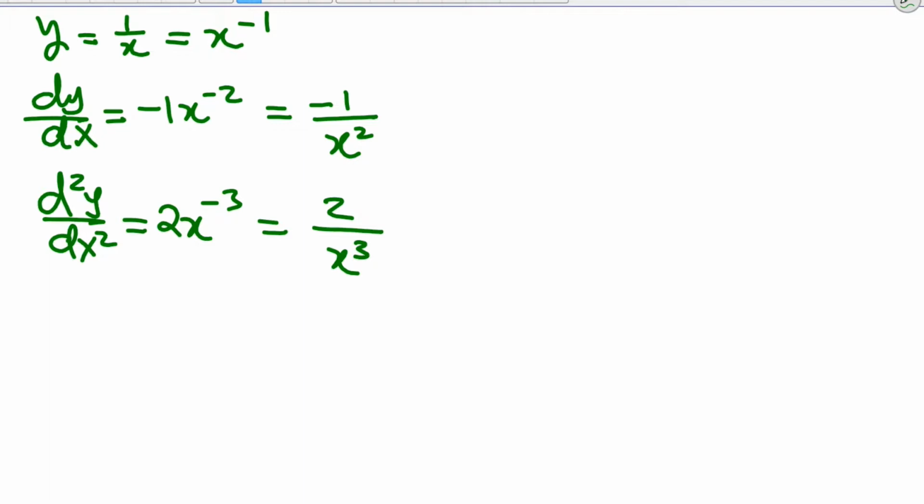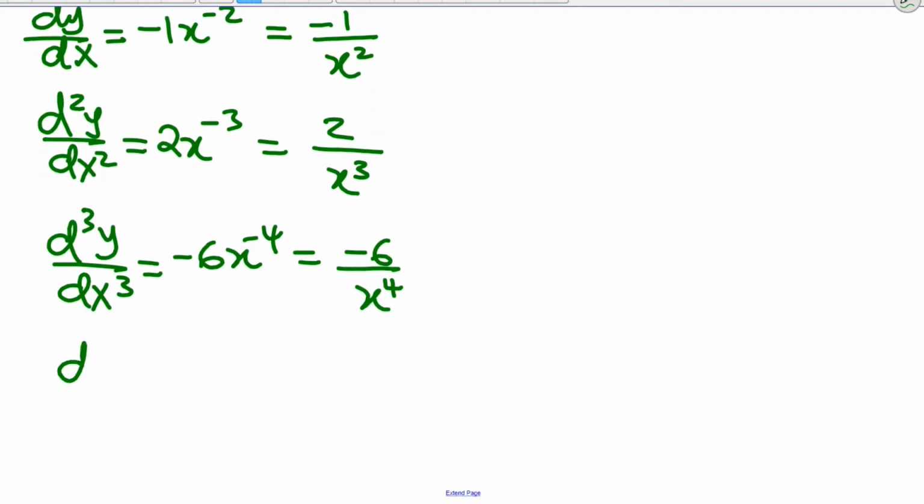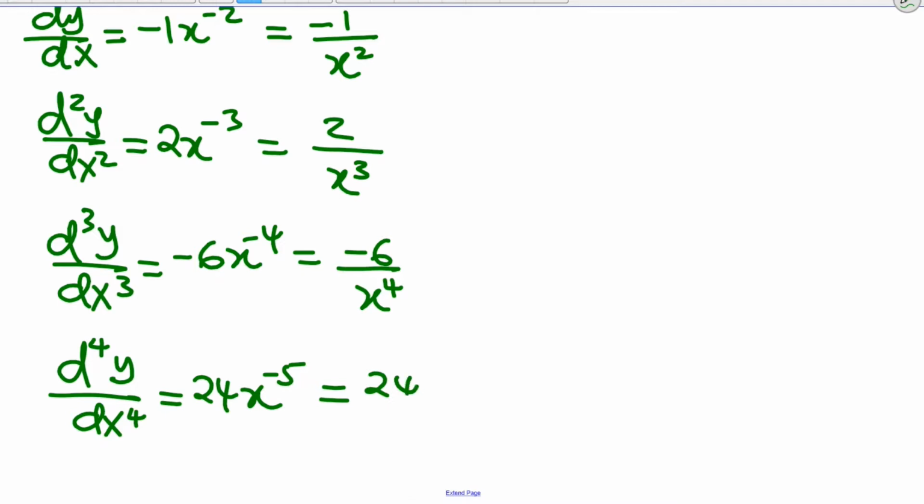The third derivative will be negative 6 x to the power negative 4, which is just negative 6 over x to the power 4. The fourth derivative will be 24 x to the power negative 5, which will be 24 over x to the power 5.